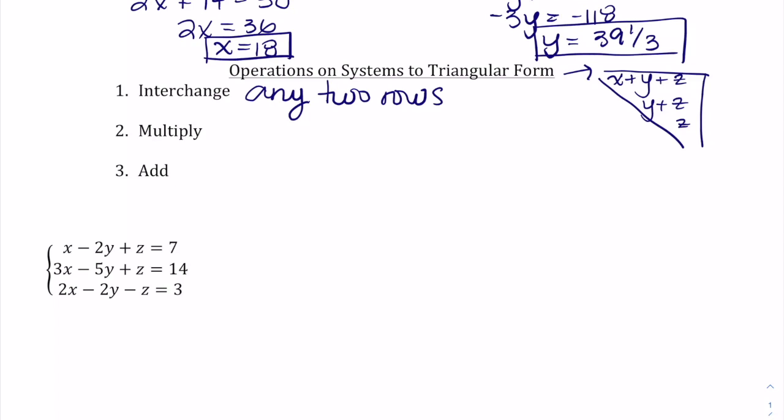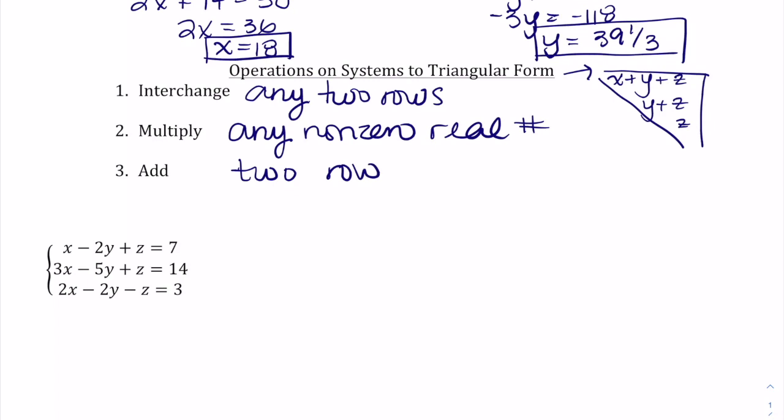We can say, I want that to go down into the 3rd row so that I can get it in this particular form. We can move rows around. We can multiply by any non-zero real number. Thinking elimination, if I needed it to cancel and it needed a negative 3 in front of the x, I multiply the entire row by negative 3. And then I can add those 2 rows together to cancel that variable.